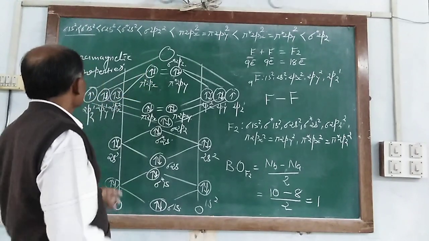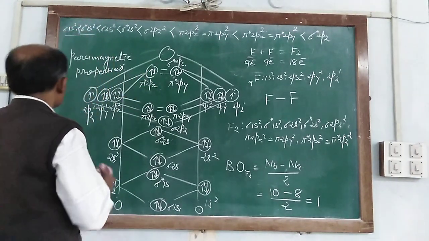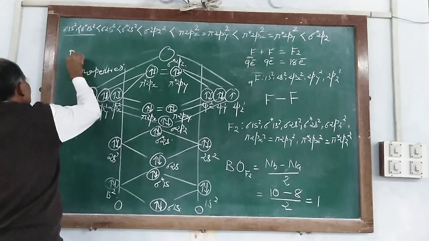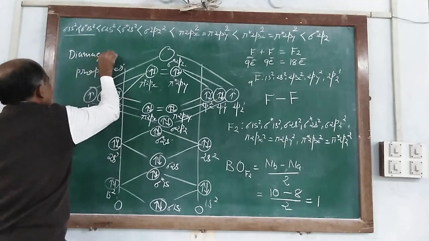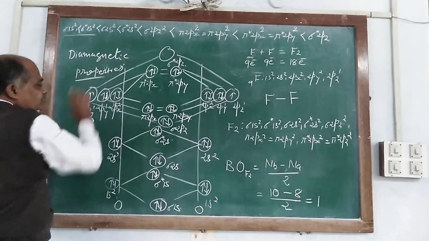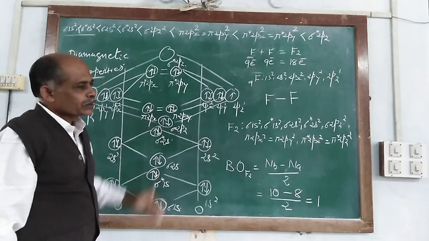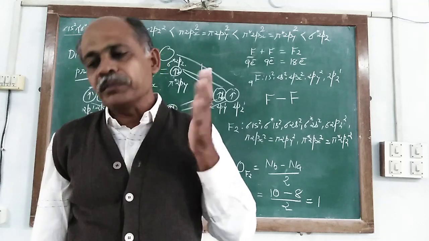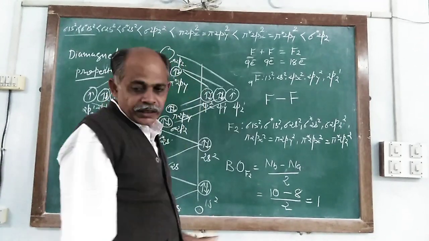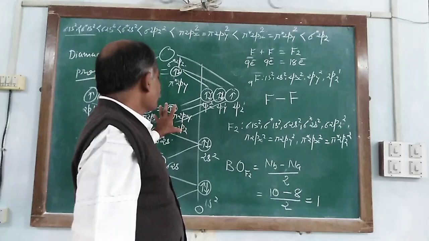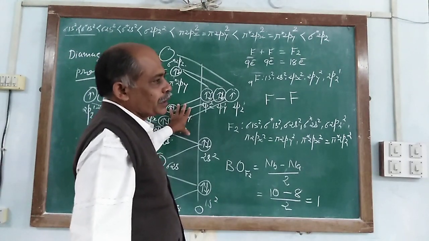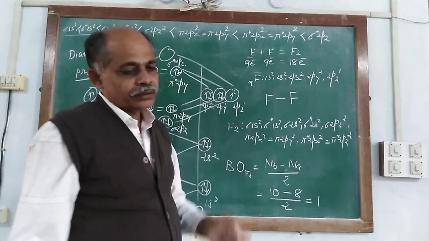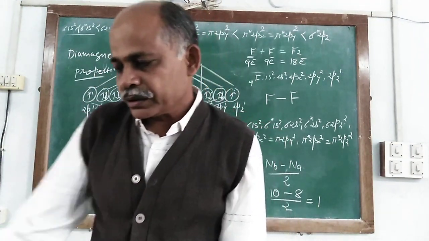So it possesses diamagnetic properties, because there are no unpaired electrons in the molecular orbitals. This way we completed the molecular orbital theory according to our syllabus. So here we complete your syllabus.